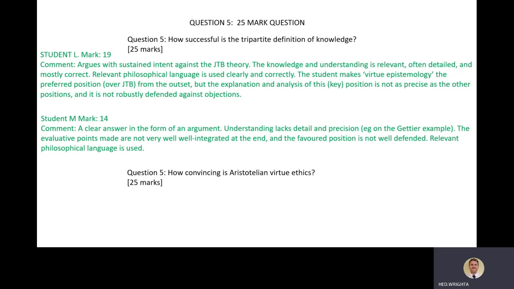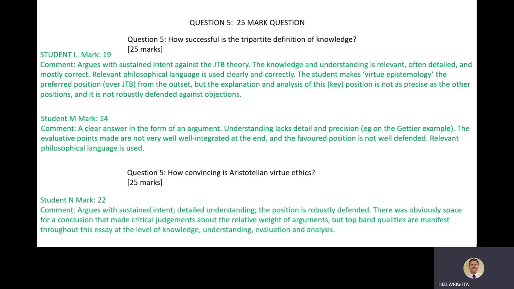So make sure your evaluation is integrated into the essay. What the examiner doesn't want to see is you write a paragraph and then the last line or two is an evaluative point. They want to see the evaluation as the main thread throughout the essay. Don't forget, 20 marks out of 25 are for evaluation.